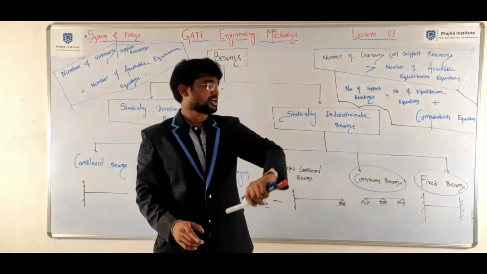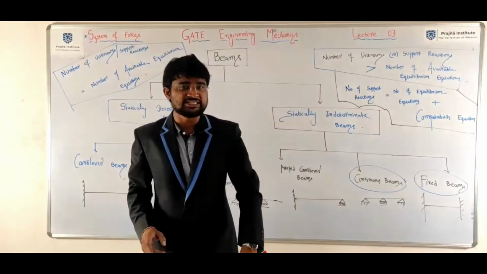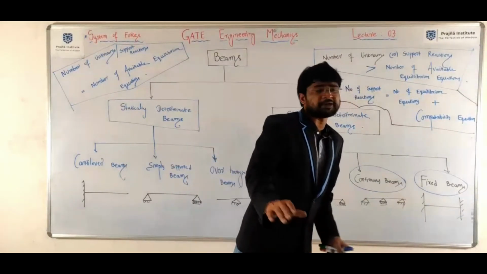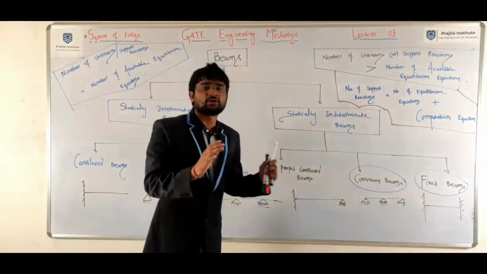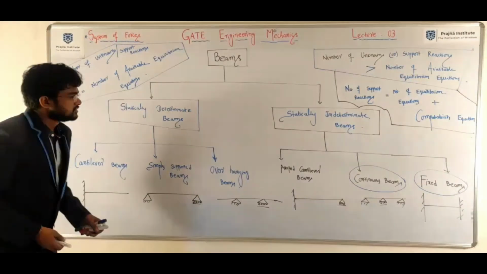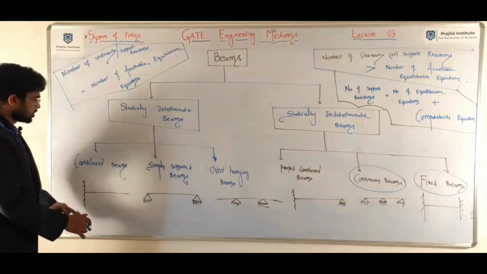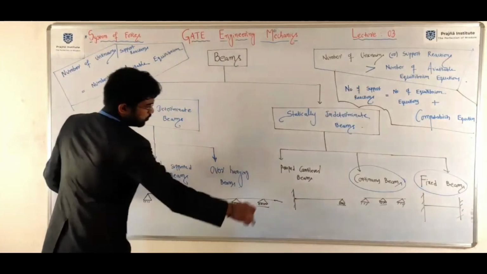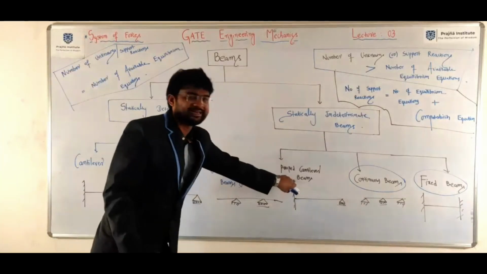The strength of material course is common for both mechanical and civil engineering, and these two topics are not in the syllabus of strength of material. Understood now? We need to focus on the cantilever, simply supported, overhanging, and propped cantilever.